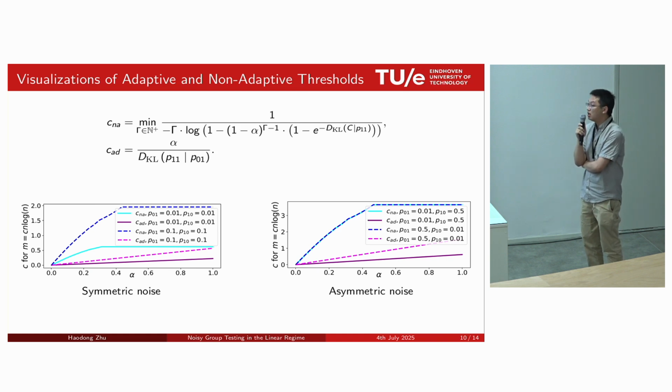And in this case, most of the tests designed in non-adaptive group testing should be individual tests. On the contrary, in adaptive group testing, in all cases, most of the tests included in a test design should be individual tests.